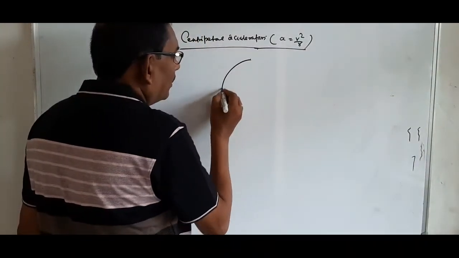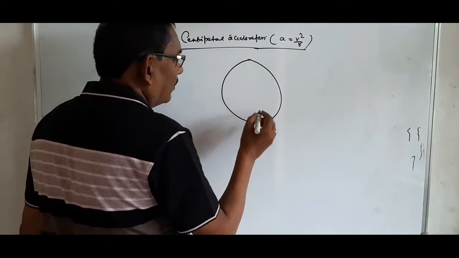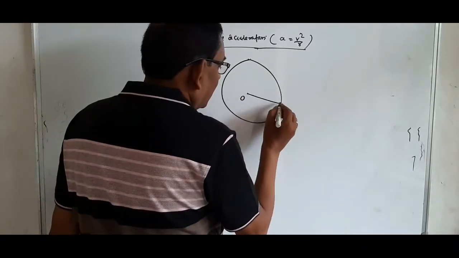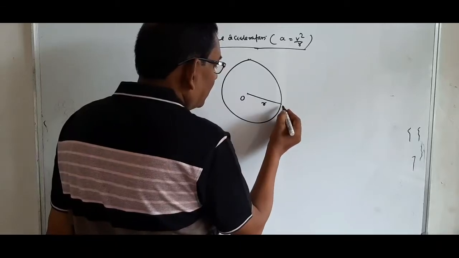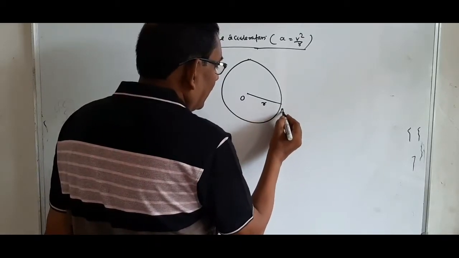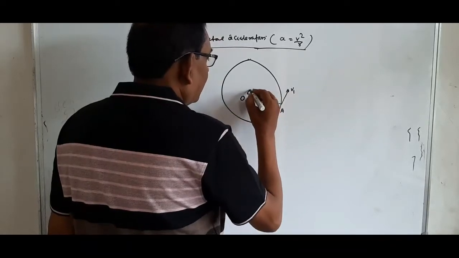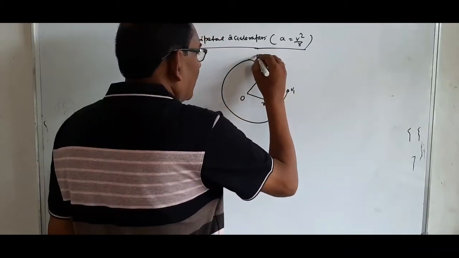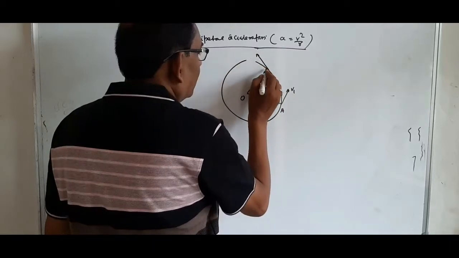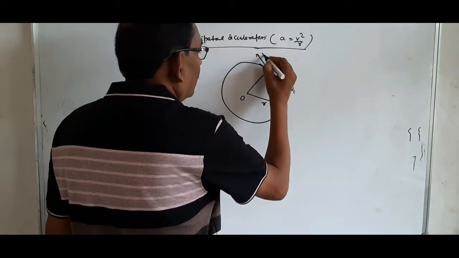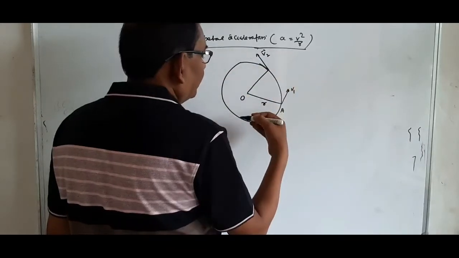Look here. It is your center O, radius r. Suppose that initially the body is here at point A with a velocity v1. After some time, the body is here, with velocity v2.